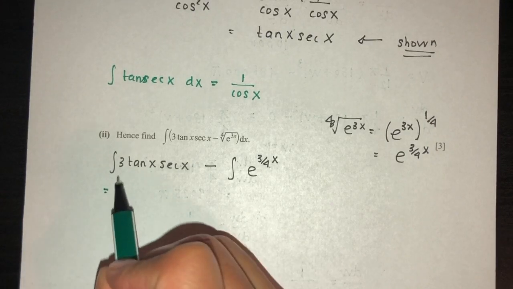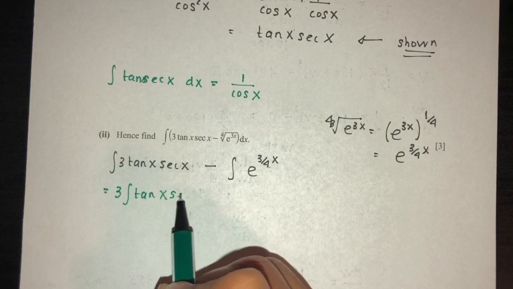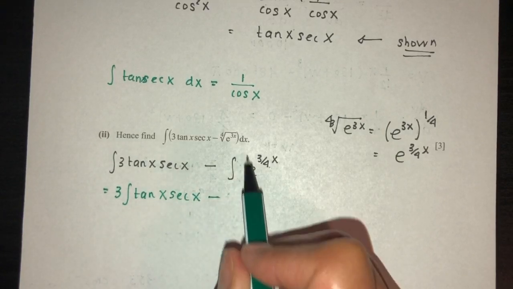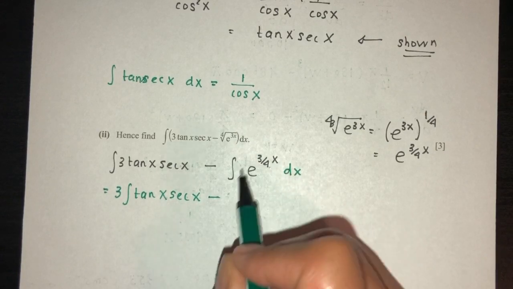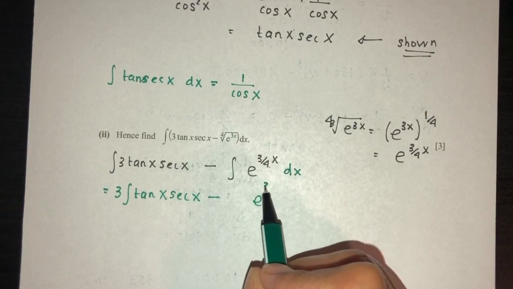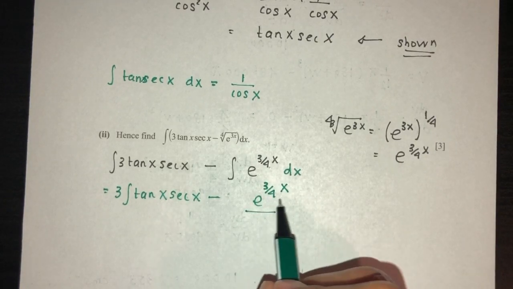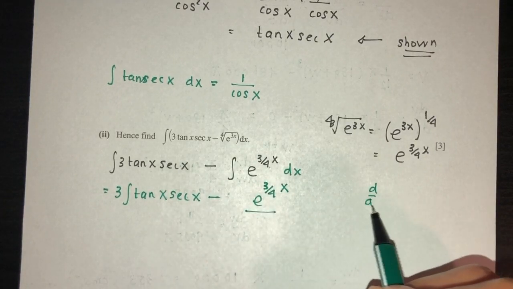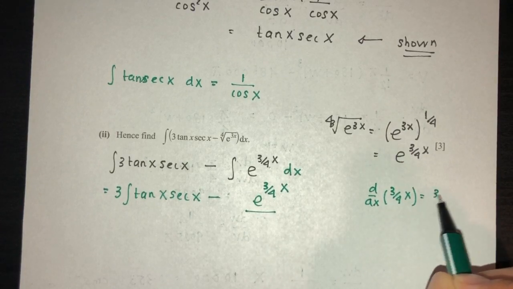As we have seen, we can take out the 3 outside. You will have tan x and sec x minus this one. For integrating this one, we have to write down the same thing first and then divide by the differentiation of this one. So d by dx of 3 over 4 x is just 3 over 4.